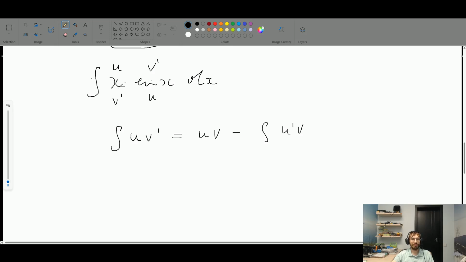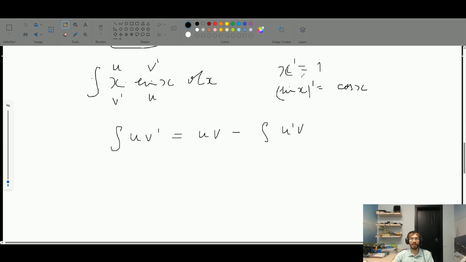When you have something which is easy to differentiate, and which can either disappear after differentiation or become much easier after differentiation, you call it u. For example, the derivative of x will be 1 and the derivative of sine x will be cosine x.